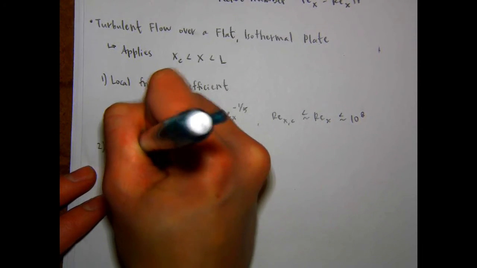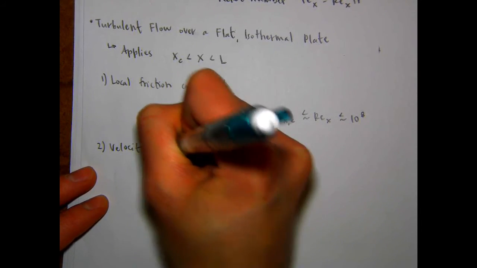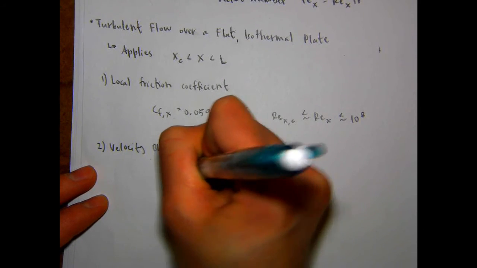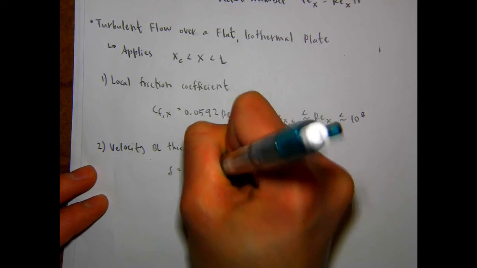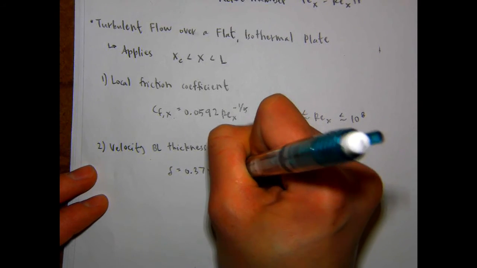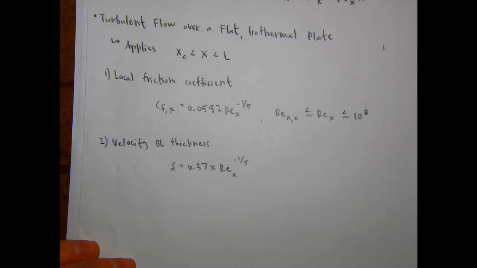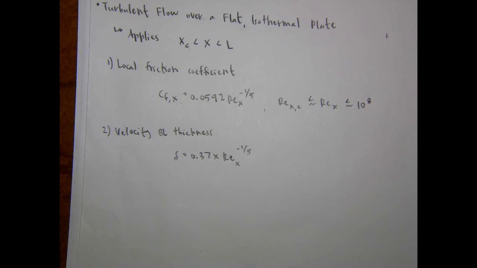We have the velocity boundary layer thickness, delta equals 0.37x times the Reynolds number to the negative 1/5. And if you look at the expression for the velocity boundary layer thickness in laminar and turbulent flow, the growth is much more rapid in turbulent flow.